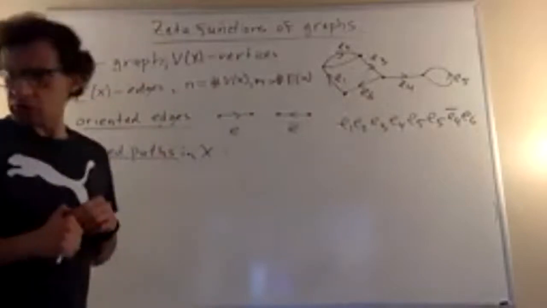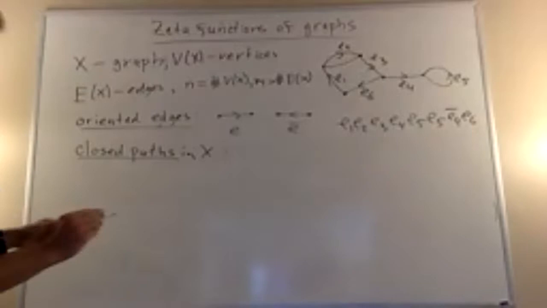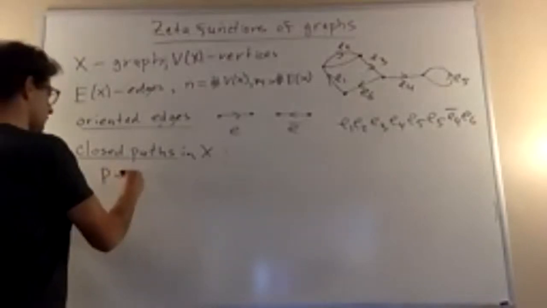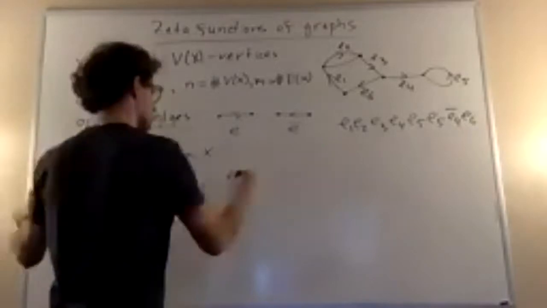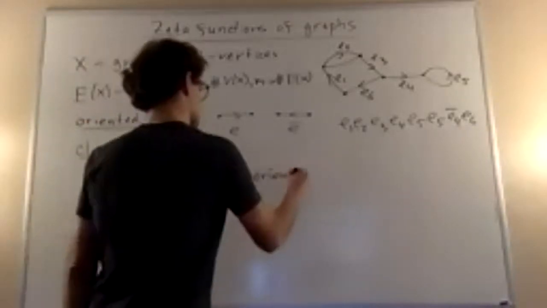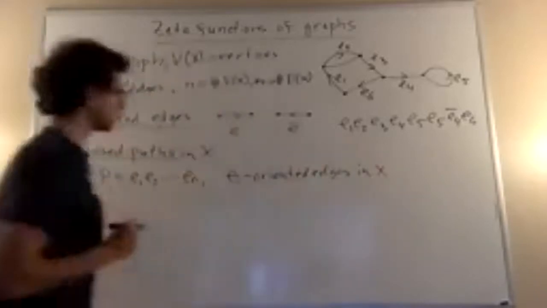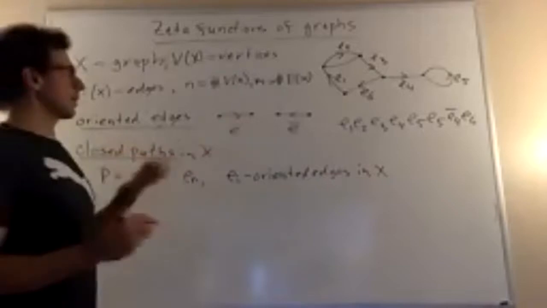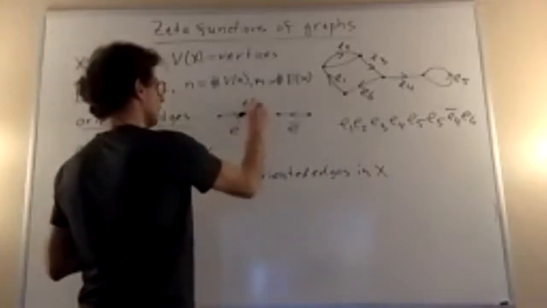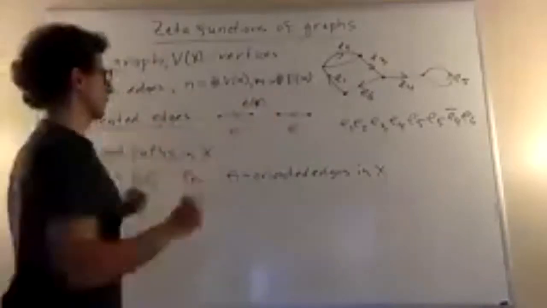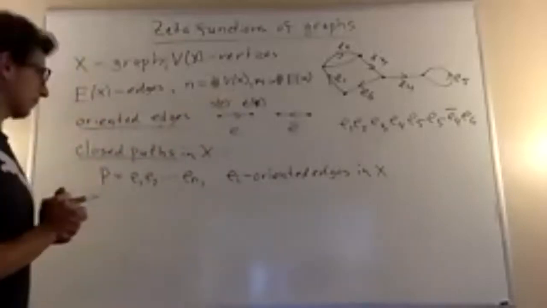Okay, so let's try to formalize this. A closed path in X is a sequence P of edges E1, E2 through En, where the Ei are oriented edges in X. Now if I have an oriented edge, it's pointing towards a certain vertex, and I'll denote that vertex T of E. That's the target vertex. And it has a certain source vertex S of E. Okay?